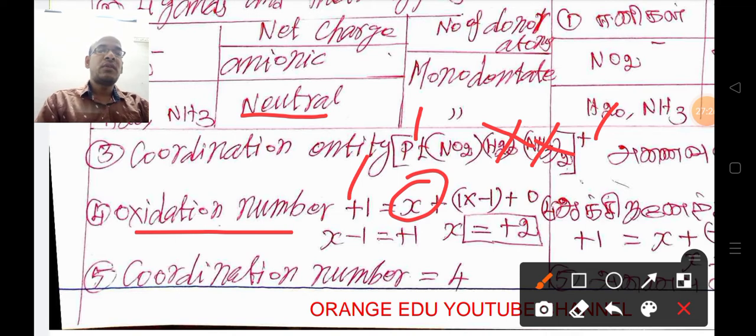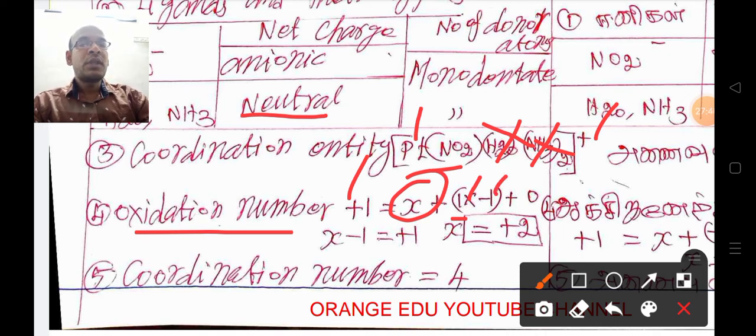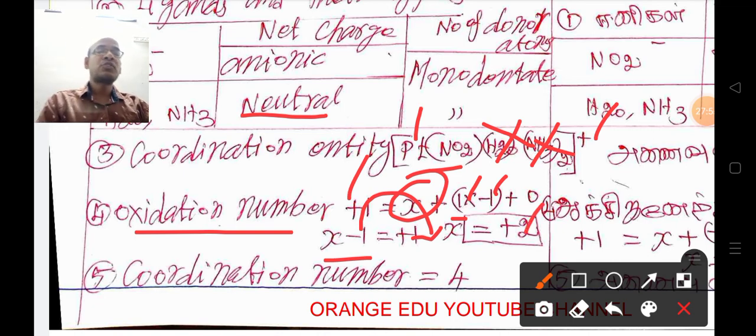Remaining only one ligand, NO2, has a -1. That is one ligand multiplied by -1, we get -1. Therefore, X - 1 = +1. Therefore, X, this -1 comes to this side and becomes +1. Therefore, X equals +2. That is, the oxidation number of the central metal ion is +2.